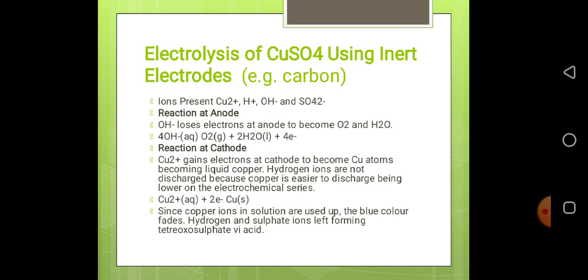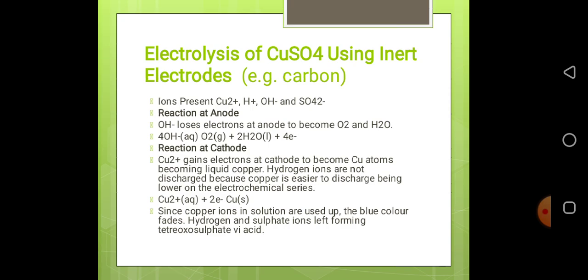What will happen at the cathode? Copper will gain electrons at the cathode to become copper atom, becoming solid copper. Hydrogen ions are not discharged because copper is easier to discharge, being lower in the electrochemical series.